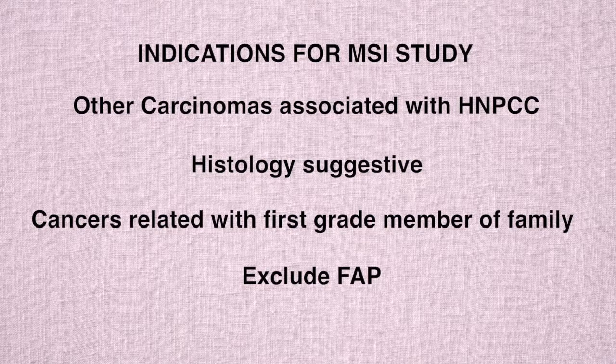However, I want to make a comment here. It is important to know that a solitary polyp in the right side of the colon may be the only tumor useful to study a member of the family with a possible Lynch, and sometimes we can find the abnormality of MSI in the polyp.